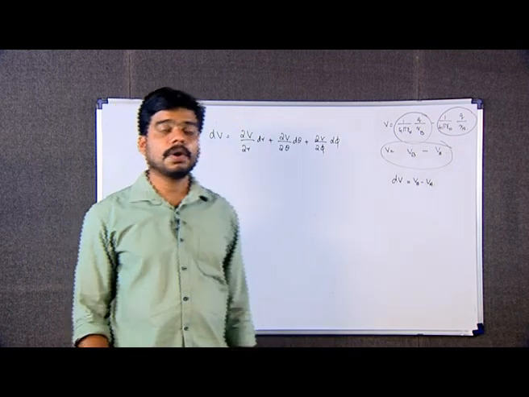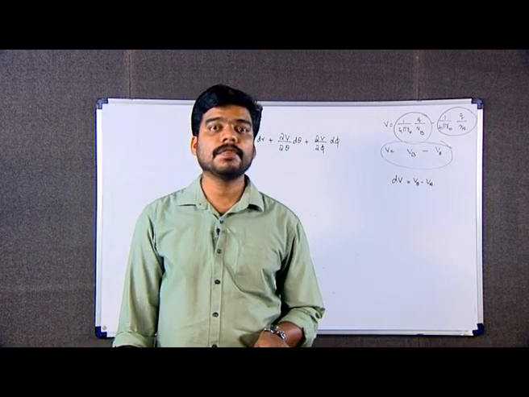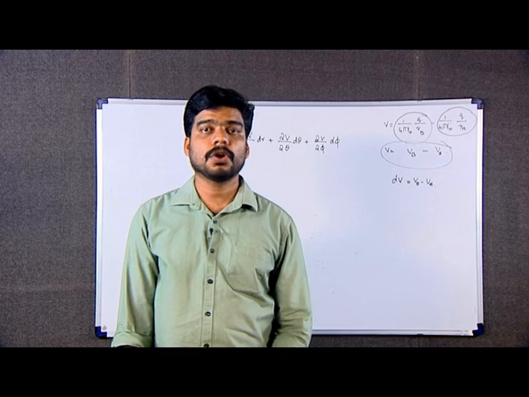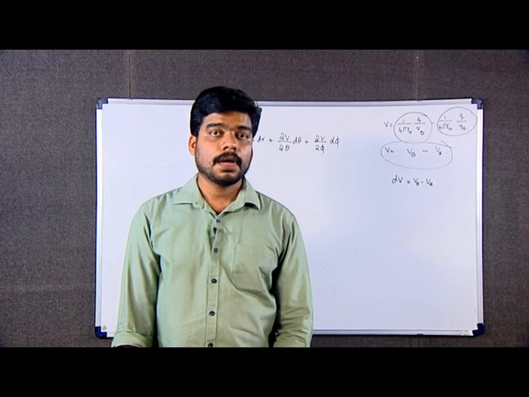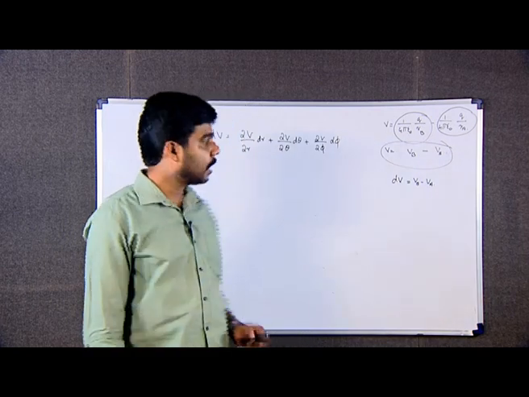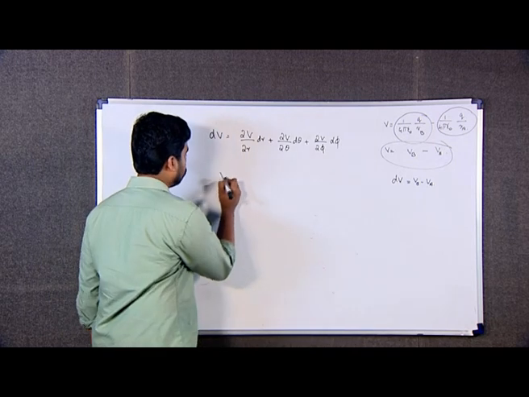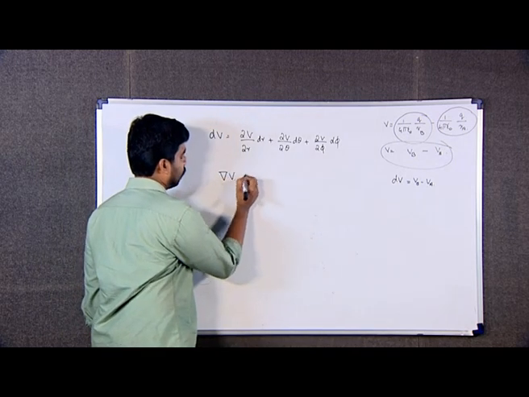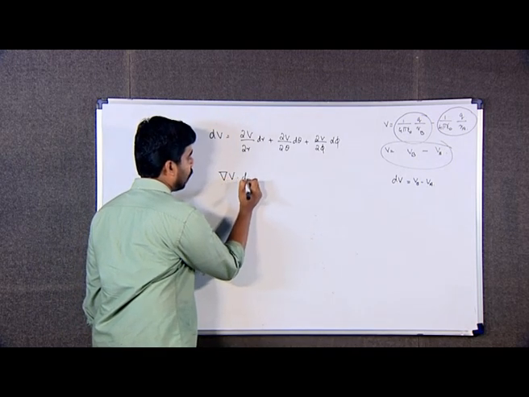So, this is how I can represent this dV in the spherical polar coordinate system, and this can be written as del V dot dl.